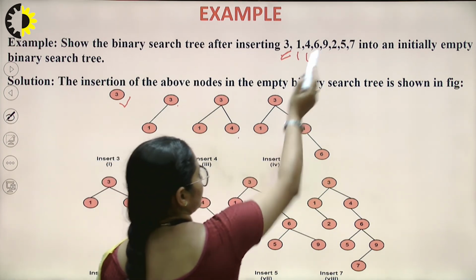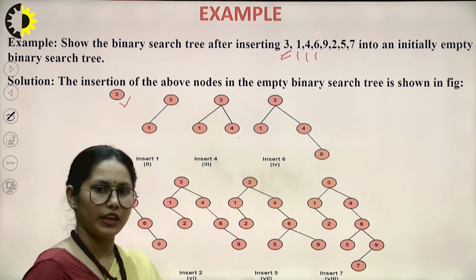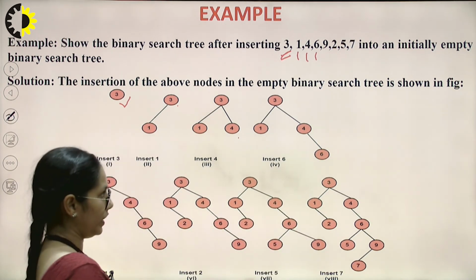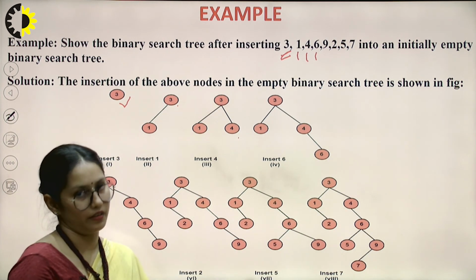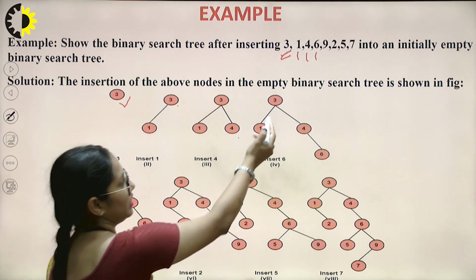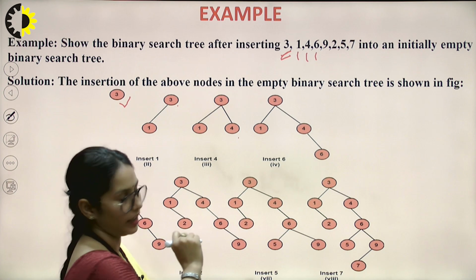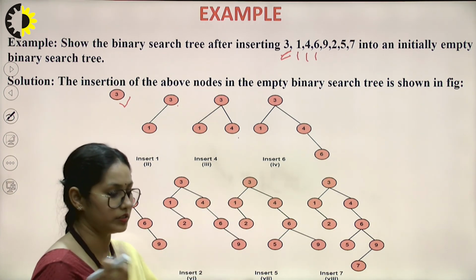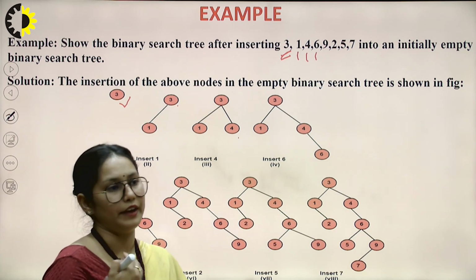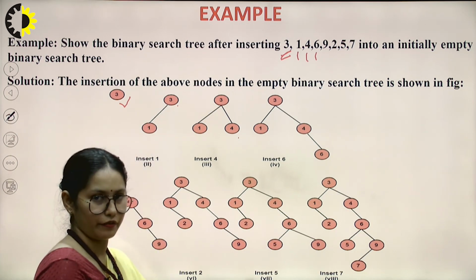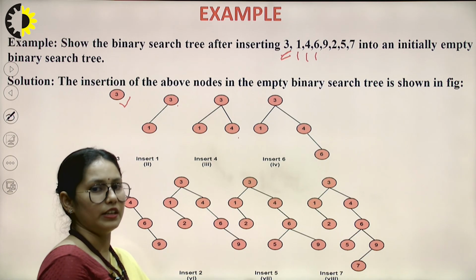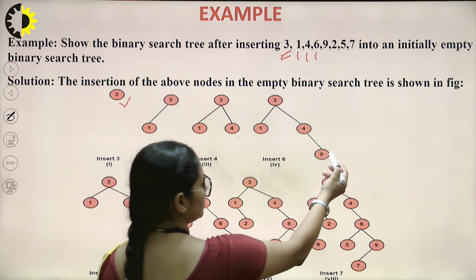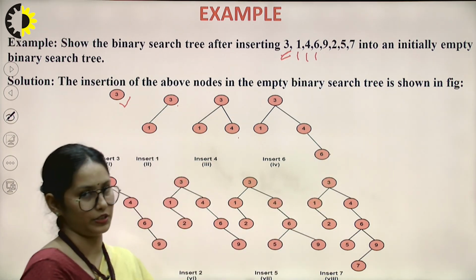That is 6. 6 will be compared to the root node 3, and 6 is greater, so it goes to the right-hand side. Now on the right-hand side I have 4. So 6 is compared to 4, and 6 is again greater than 4, so it will be inserted on the right-hand side, on the RHS position.